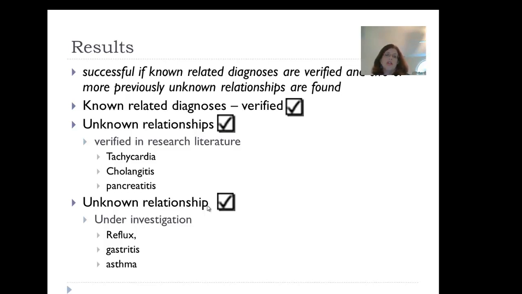So if you were a pediatric gastroenterologist, you could look at our results as far as rules and say, well, yes, there is a relationship between tachycardia and cholangitis. What other unknown or inexplicable relationships did we find? We had reflux, gastritis, and asthma. Now, we had found some medical research papers that actually studied those.